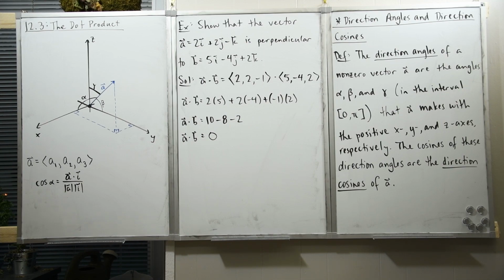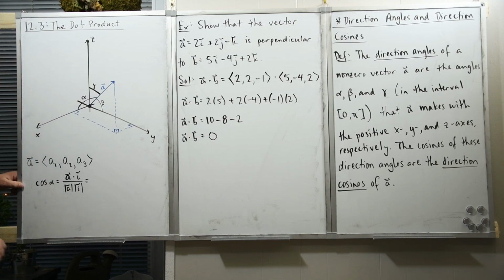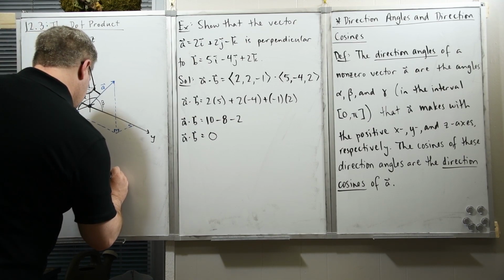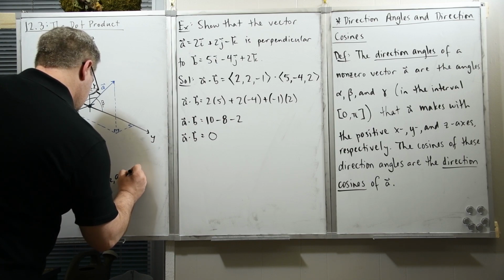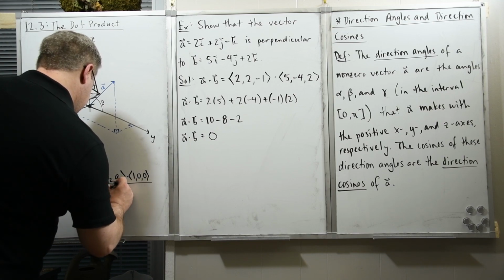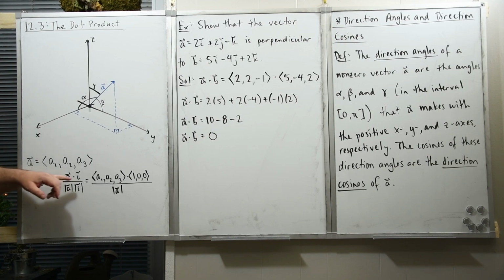But if you think about this a little bit more carefully, keep in mind that I is a unit vector, so the magnitude of I is just 1. Also, if you look at the dot product of A and I, the components of A are A1, A2, and A3. The components of I are 1, 0, and 0.